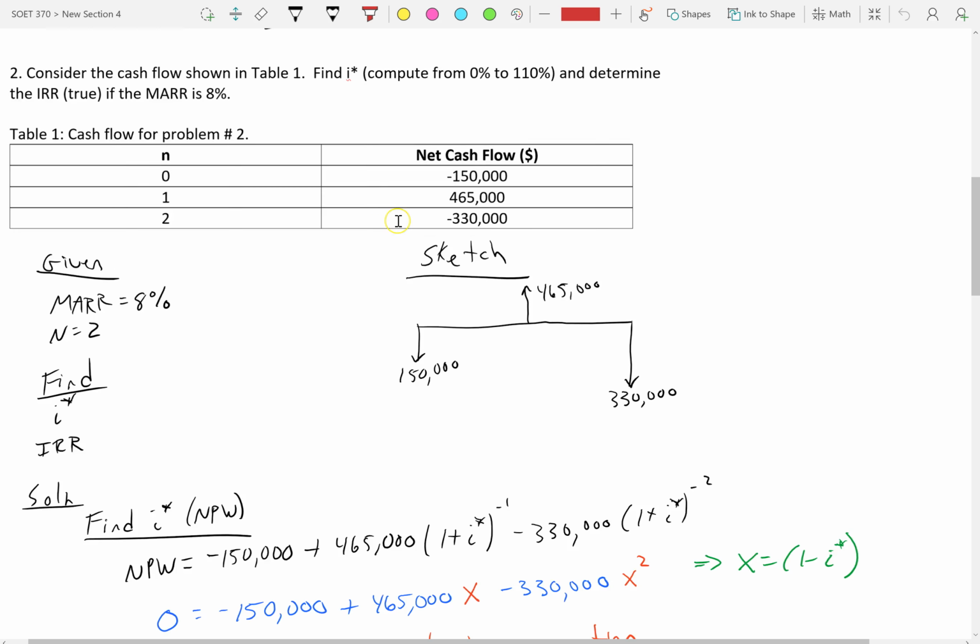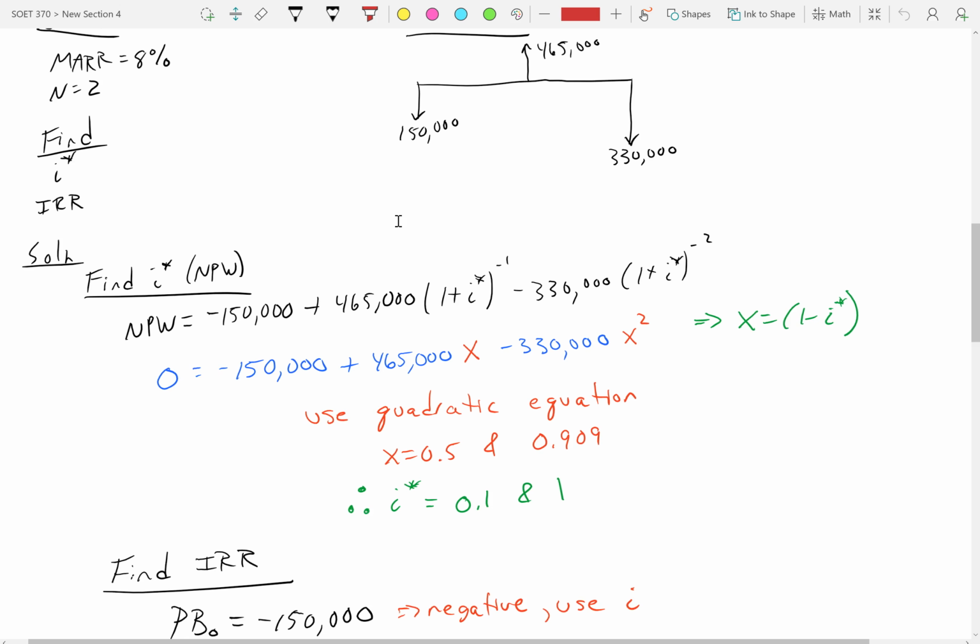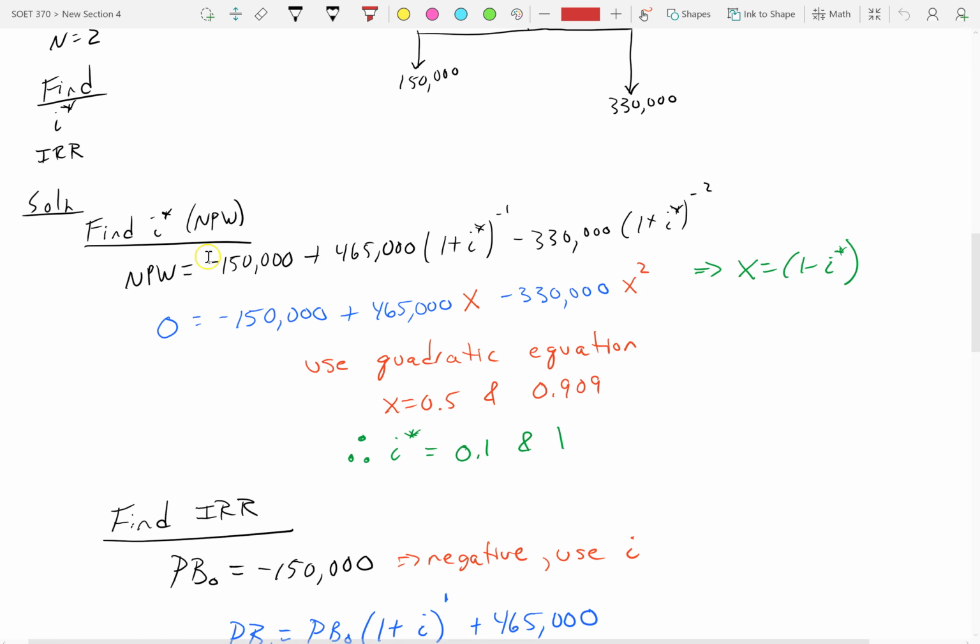Here is the cash flow. And in order to find I star, and this is the same for simple and non-simple or pure and mixed, basically you find the net present worth. So convert every value back to year 0, set it equal to 0, and solve for I star, basically your break-even point.